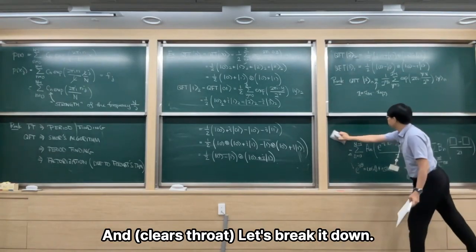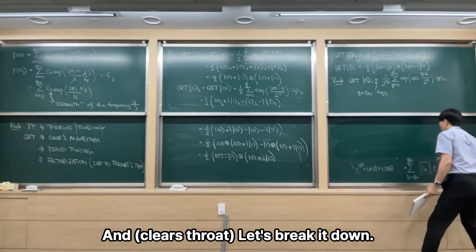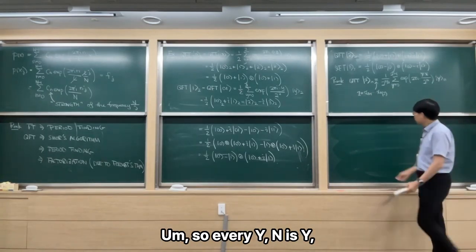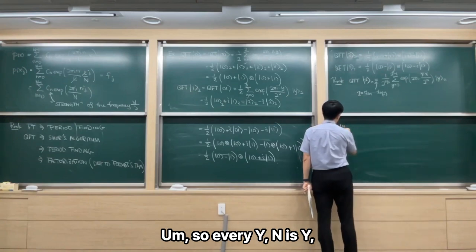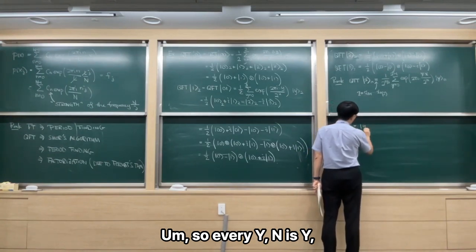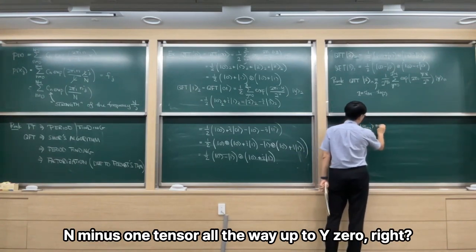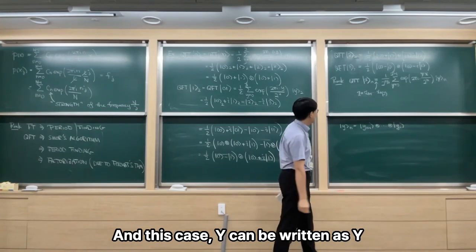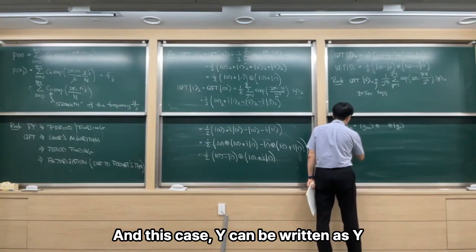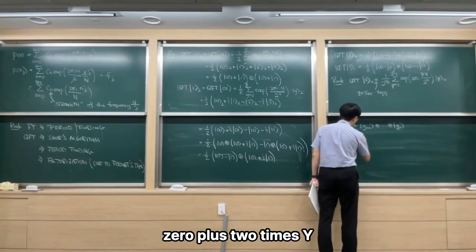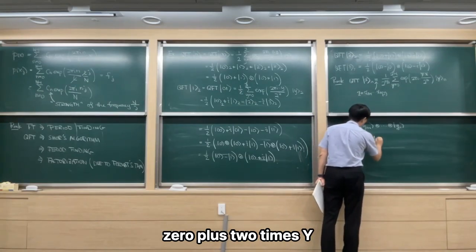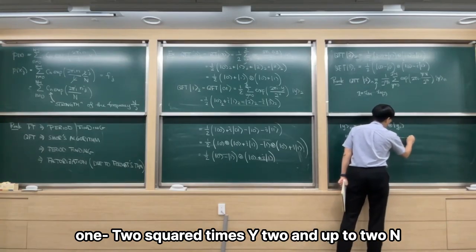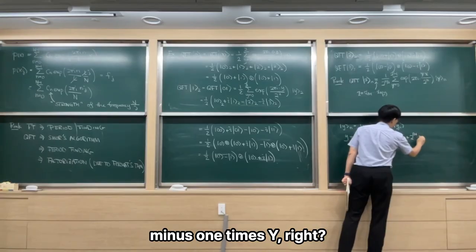And let's break it down. So every y in n qubits is y_{n-1} tensor all the way up to y_0, right? And in this case, y can be written as y_0 plus 2 times y_1, plus 2 squared times y_2, and up to 2^{n-1} times y_{n-1}, right?